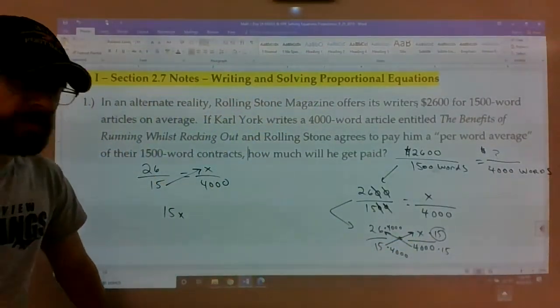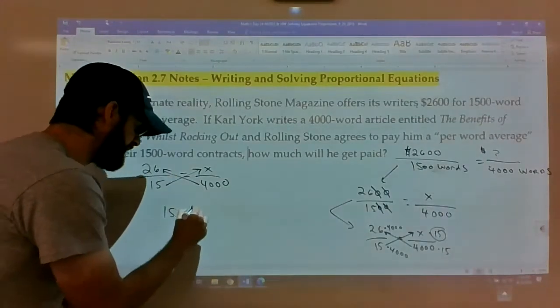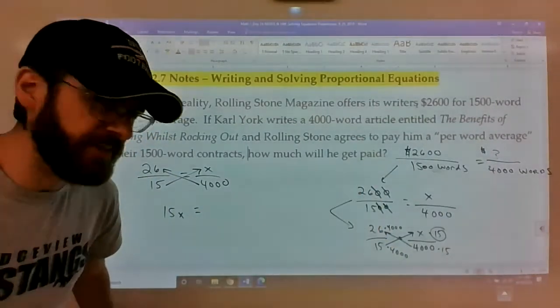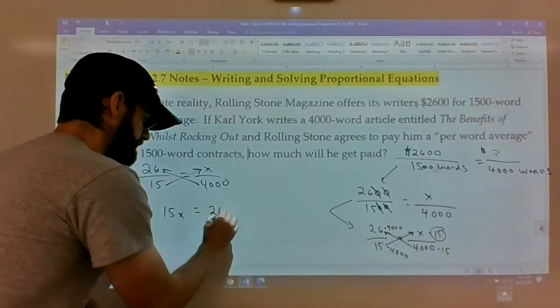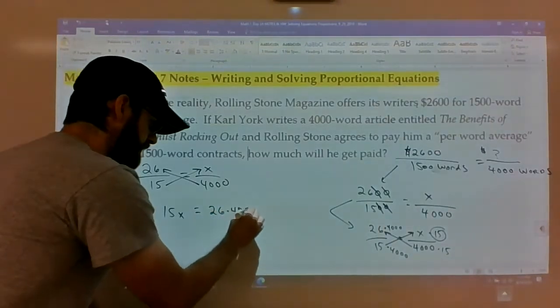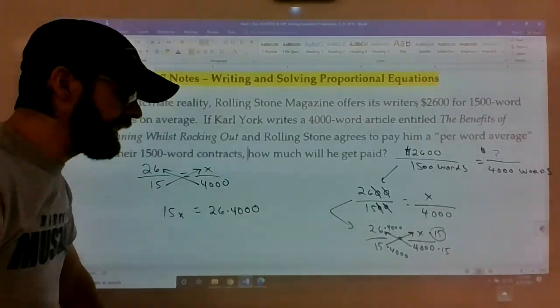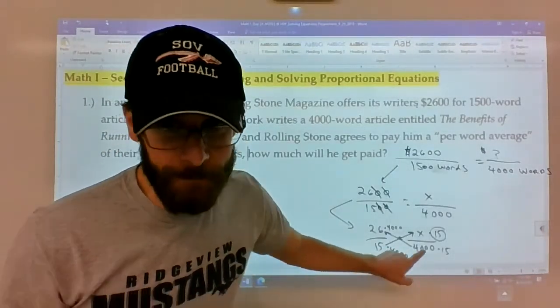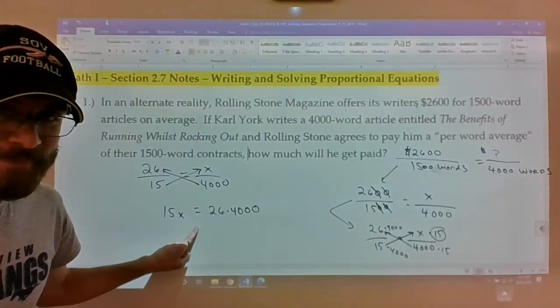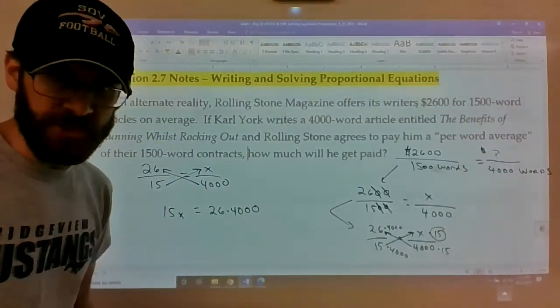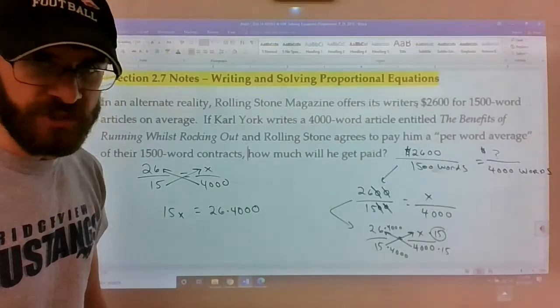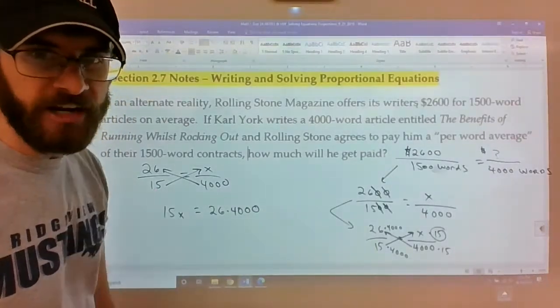I took 4,000 times 26, and it gets me whatever 4,000 times 26 is. Notice, if the denominators are identical, you can ditch them. Okay, so cross multiplication is a shortcut for solving very simple proportions in which all you have is one fraction on the left and one fraction on the right.